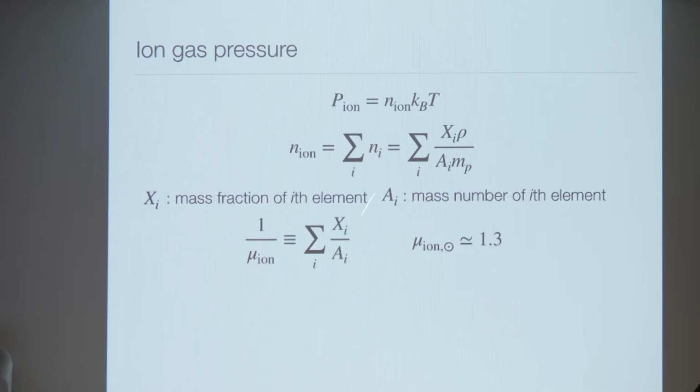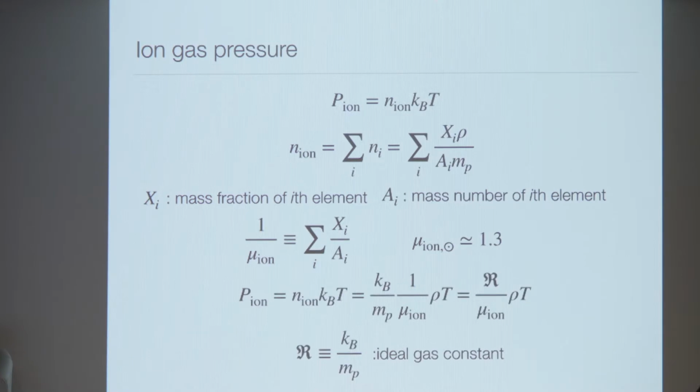And this part is basically constant, so we can just define this as the mean molecular weight of the ion. For the solar composition, you get this 1.3.